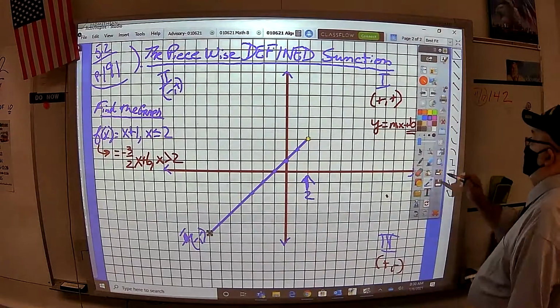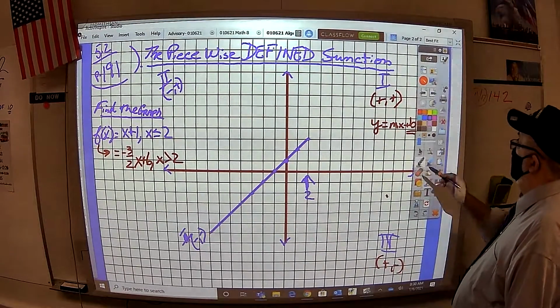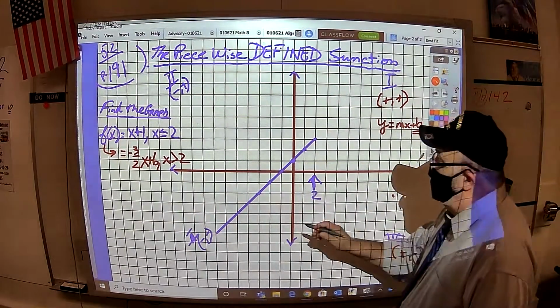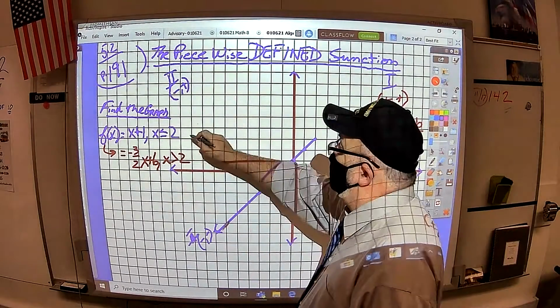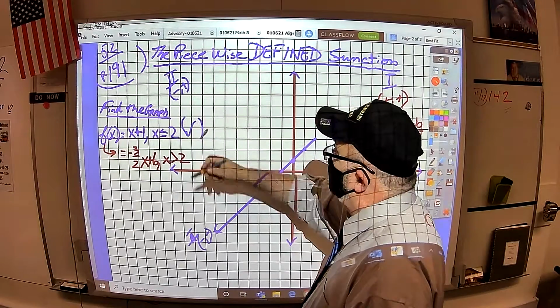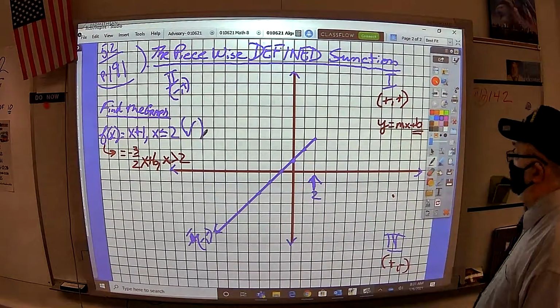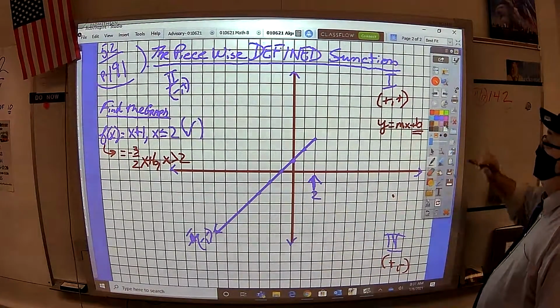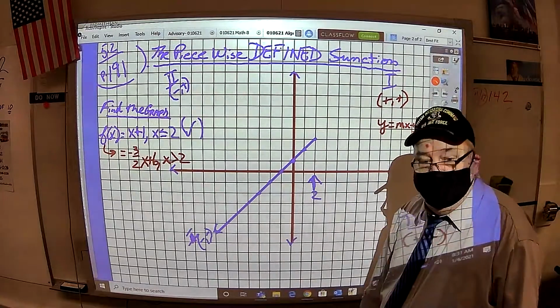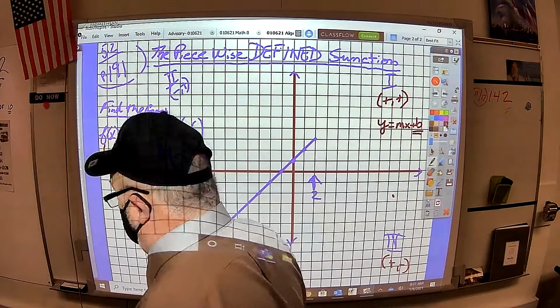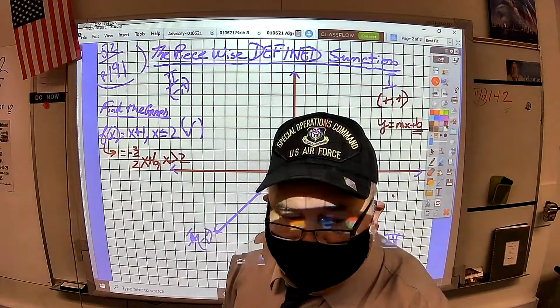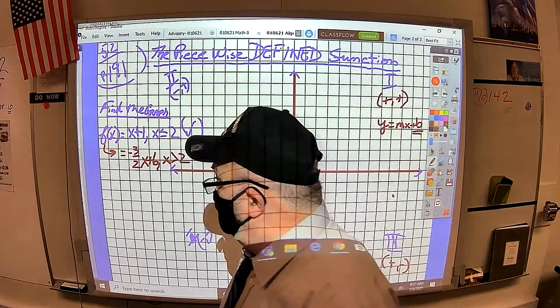Now look at that and make sure that you understand exactly why that looks like that. That's the check mark there, right? We got that. Now on the other side of that, we have to draw the other line. The other line tells me I'm going to go negative 3 over 2x, and I have to cross positive 6.